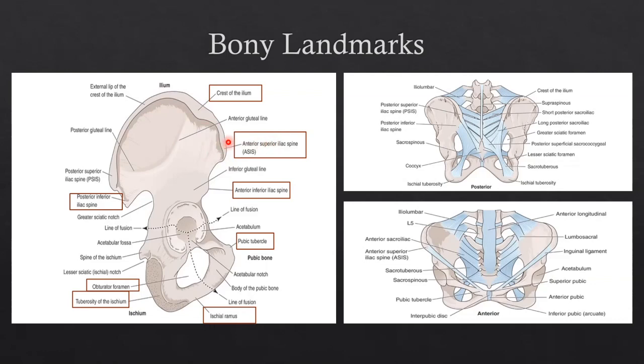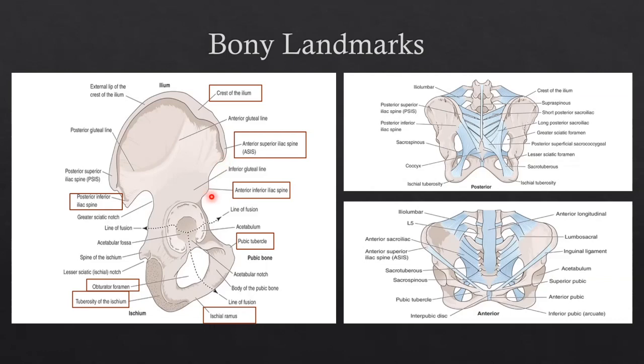We can actually feel this on the anterior aspect of our pelvis. This is the most bony protrusion that we see on the anterior side. The ASIS serves as important origin sites for muscles such as the TFL, our tensor fasciae latae, also our sartorius muscle as well, which is actually the longest muscle in our body.